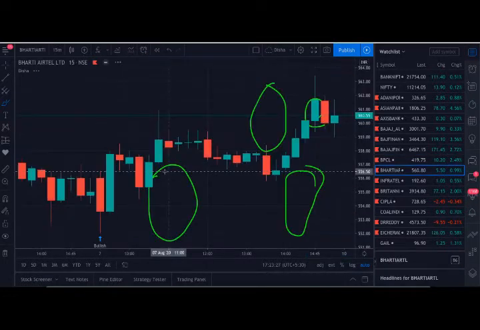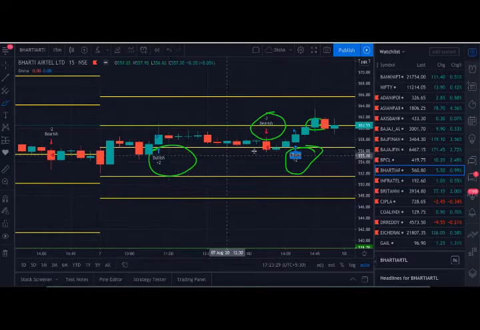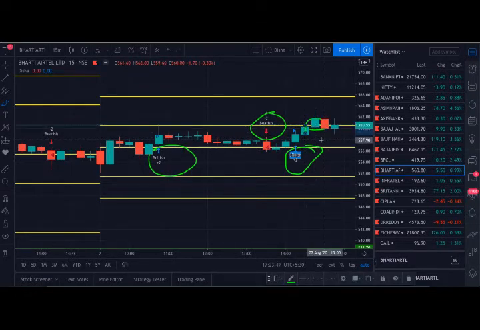Moving to Bharti Airtel. Bharti Airtel also, you can see here, this candle is not a breakout. Actually, the breakout was already given earlier, but here the candle was given bullish plus buy call. In this case, you will do the same thing: for small reward, you have to take the limited risk only, as the candle was found in the middle of these two lines.